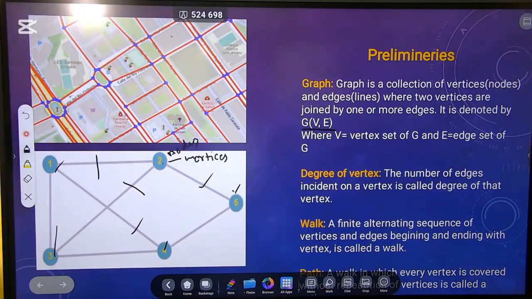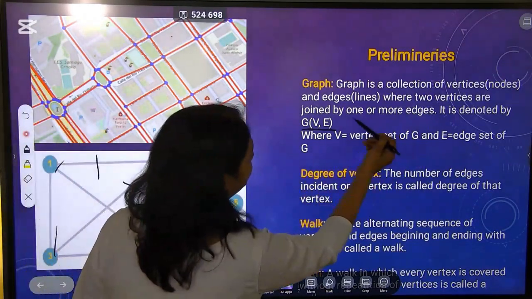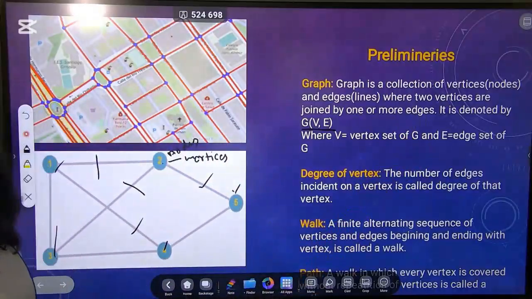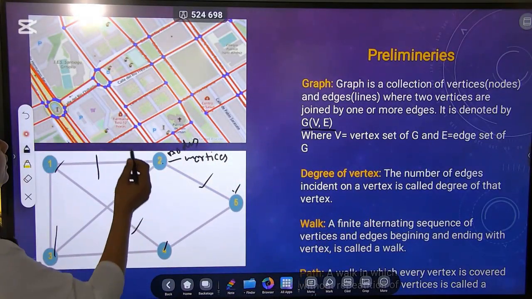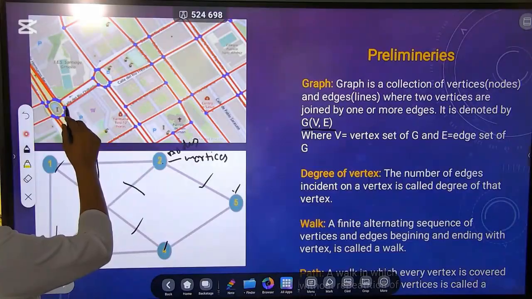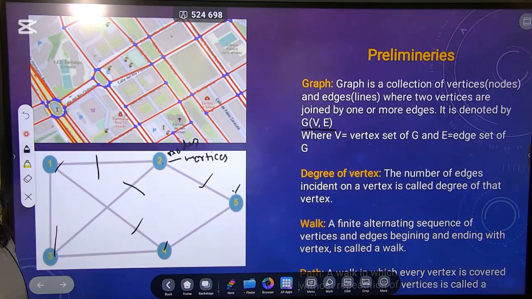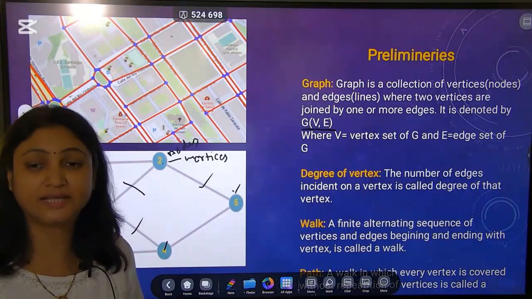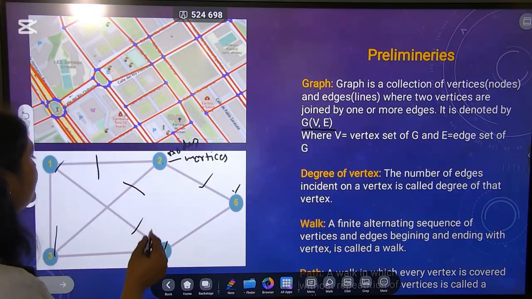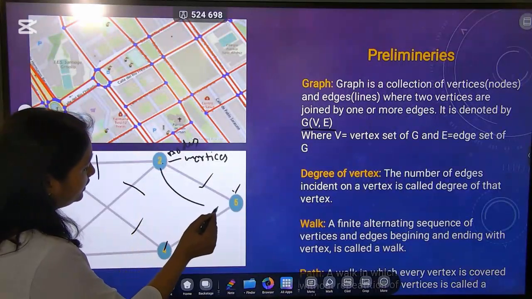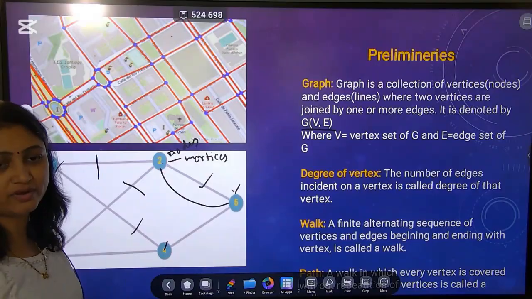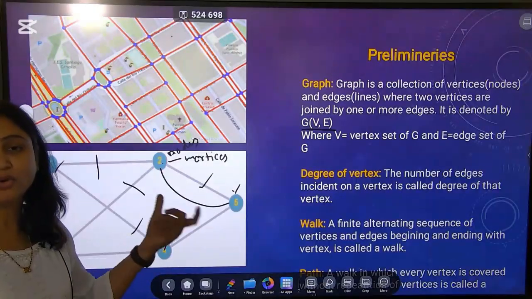Here we can say that the vertices are joined by one or more edges. If we see, there are more than two routes that join the destinations, so here again there is one edge. So the vertices are joined by one or more edges.